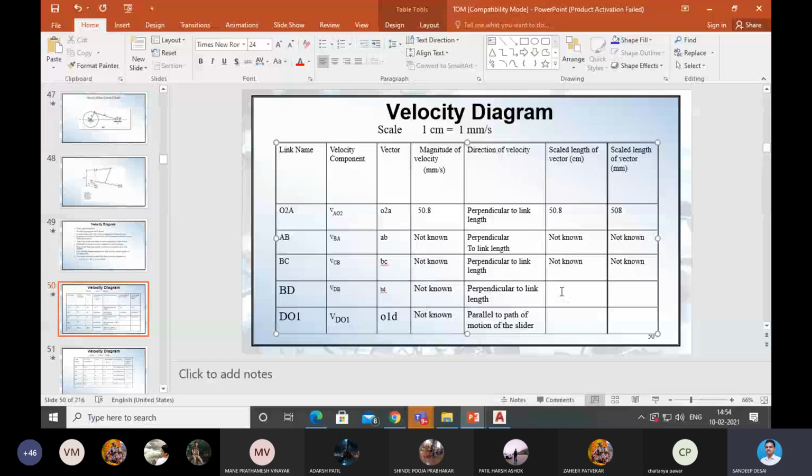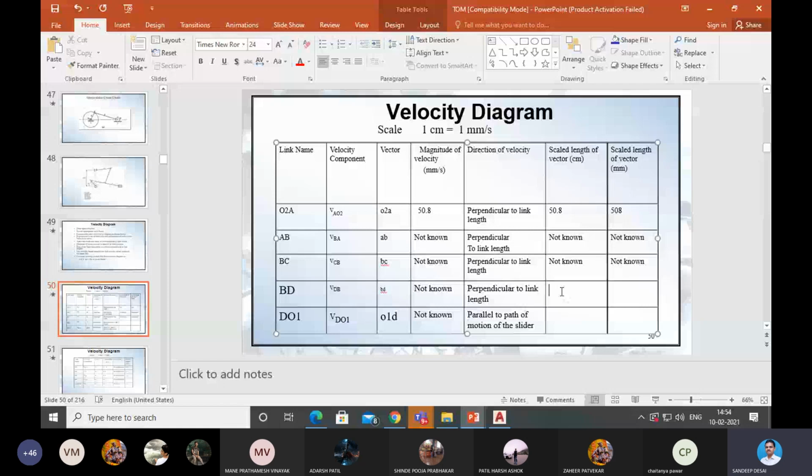There are only two categories: either perpendicular to link length or parallel to path of motion of the slider. When parallel to path of motion, it is a slider or piston; there is a slider in this particular mechanism, slider C. In the earlier mechanism, there was no slider. Okay, got this point?